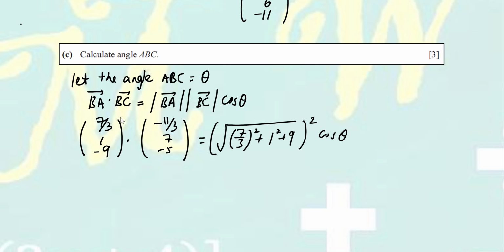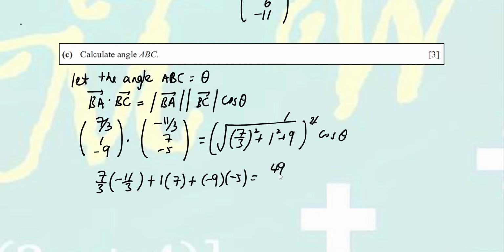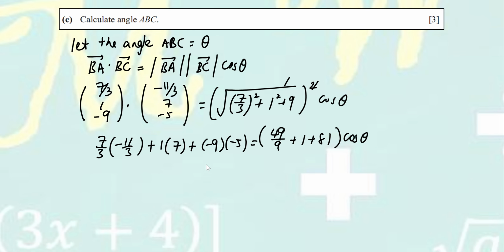Now for the dot product, now you have to multiply. So 7 over 3 times negative 11 over 3 plus 1 times 7 plus minus 9 times minus 5. Then for the right side, square and square root cancel off. So you get 49 over 9 plus 1 plus 81 cos theta. Okay, so the left hand side, it will be 391 over 9. Then the right hand side, 787 over 9 cos theta.